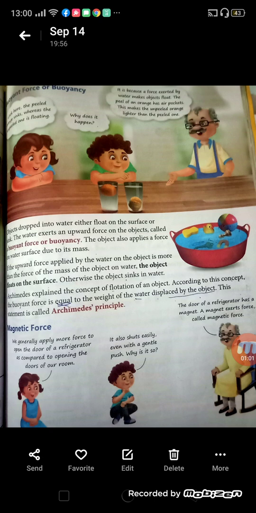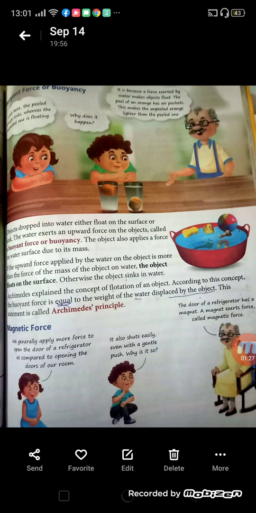Take a bowl, fill it half with water, or more than half with water. Now put an orange in it, and observe what will happen. Now take one more bowl, fill it again with water, and now put in a peeled orange.